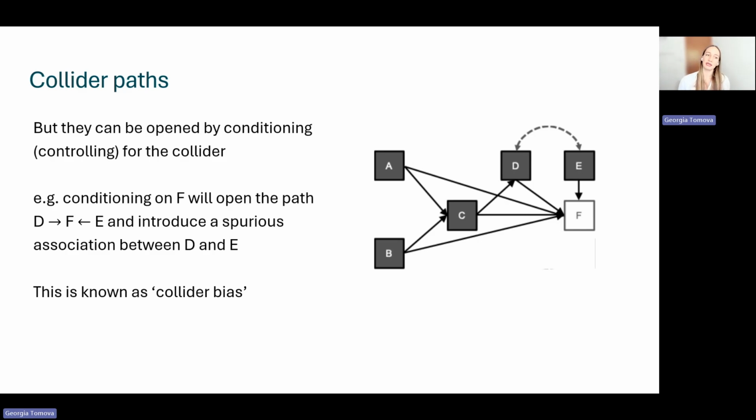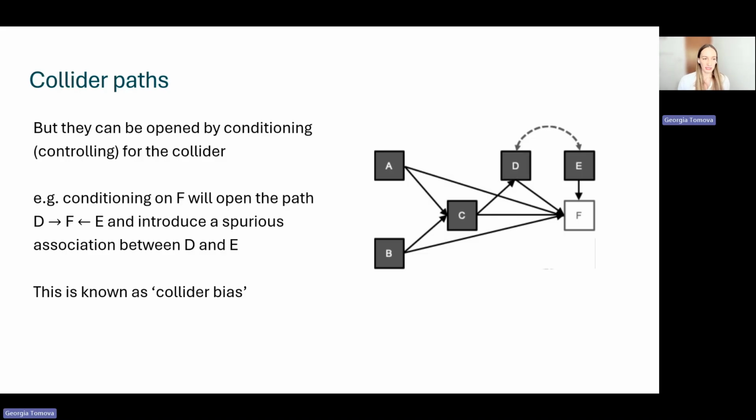This would happen if we were to condition or control for this collider F. If we condition on F, this will open the path from D to F to E that was previously closed, and introduce a spurious association or dependency between the common causes of F, which are D and E. So D and E will be associated in a spurious way due to F being conditioned on. This type of spurious association is known as collider bias.